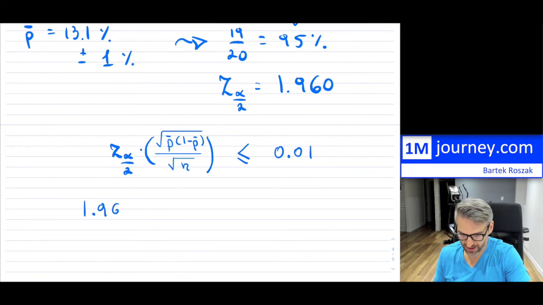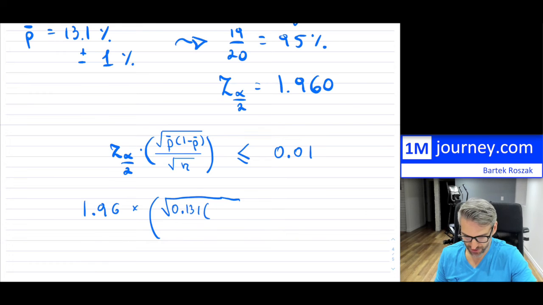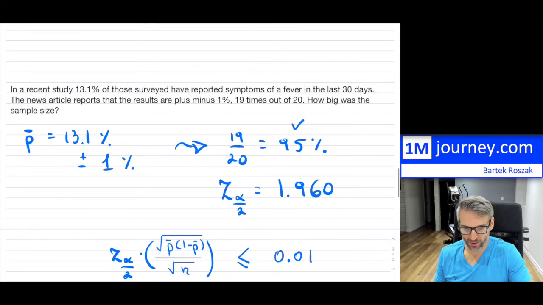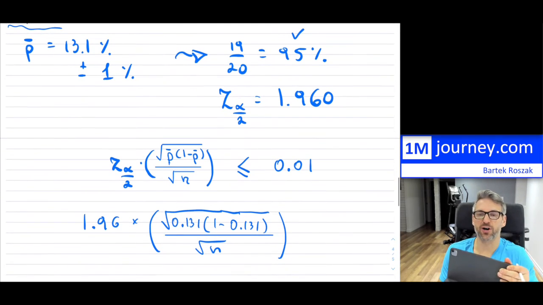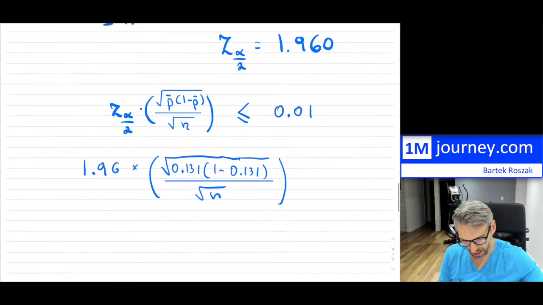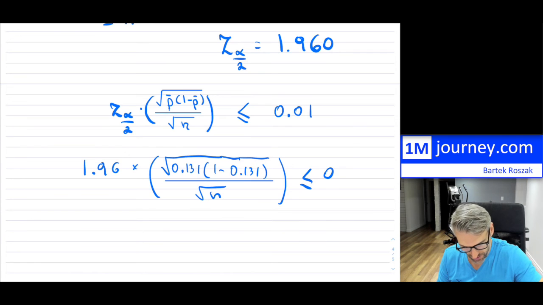So 1.960 times the square root of 0.131 multiplied by 1 minus 0.131, divided by the square root of n. We want to know how big the sample size is, so we can solve this and isolate for n.